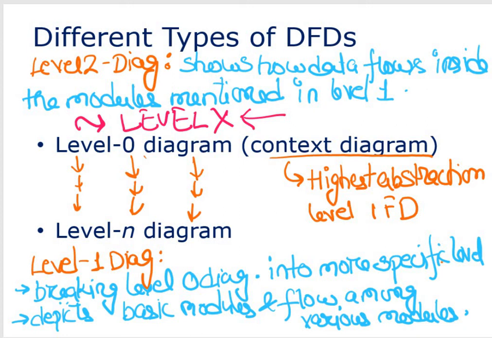So your level X is taking me to the desired level which I was expecting. Means I started from level 0, DFD level 0, then move to 1, then move to 2, and then move to level X, and where I thought of taking a halt in order to claim that okay, this is what I was expecting and this is what I have achieved.